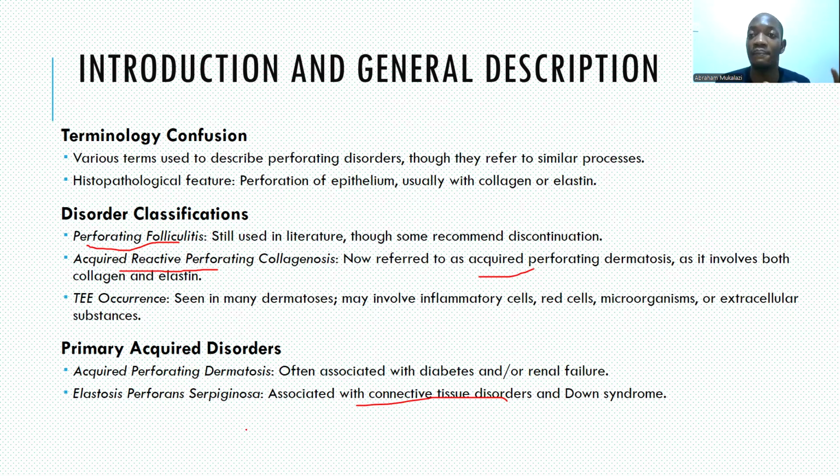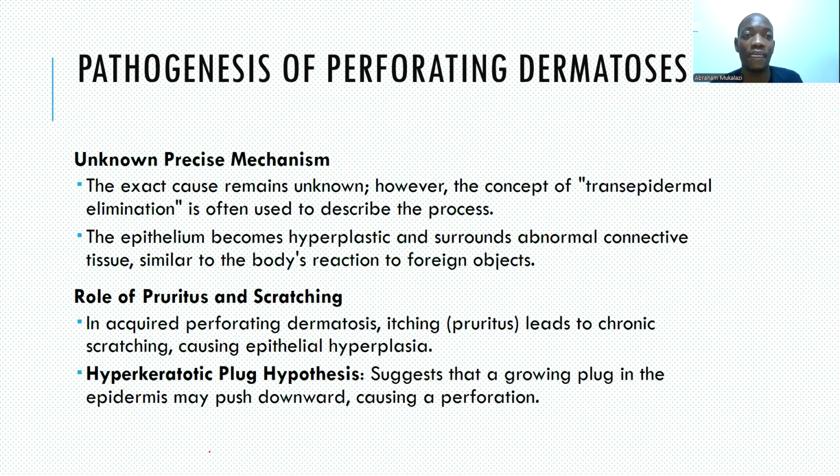Then you can have the other bigger group where you have the acquired forms that can be because of any other dermatosis. So the term perforating folliculitis has been dropped, and people are no longer using it even in literature. When you look at the pathogenesis of this condition, you'll find that the precise mechanism is not yet known of how this comes about.